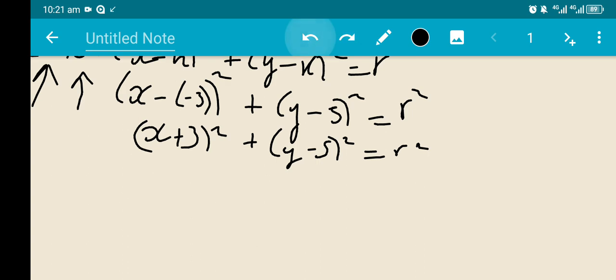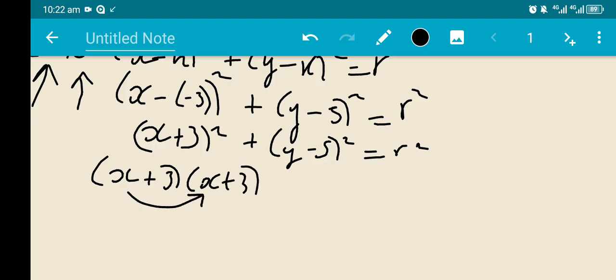To expand, this here is x plus 3 in brackets squared, which is the same as x plus 3 times x plus 3. So what we're going to do now is multiply this times this and this times this, then this times this and the other 3 there.